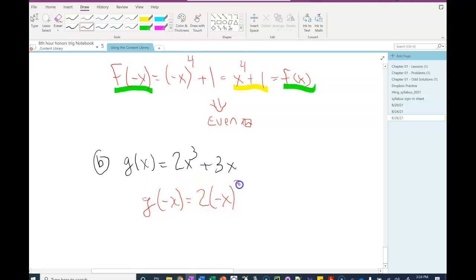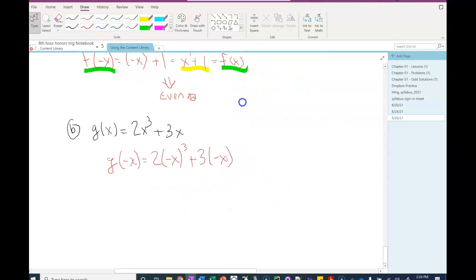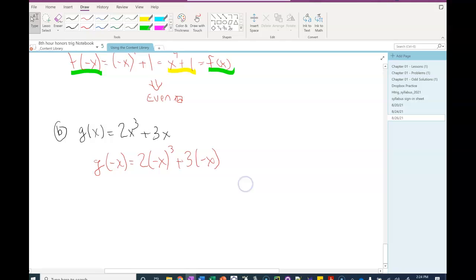So that means I plug negative x in for my x's. Everybody okay there? A negative to the third power is still negative. So that 2 times negative x to the third just becomes negative 2x to the third. And positive 3 times negative x is just negative 3x.